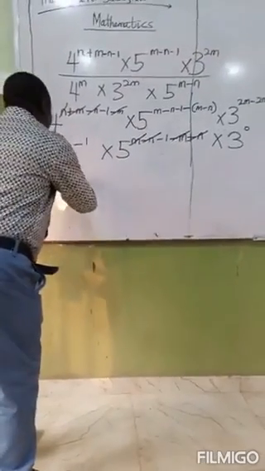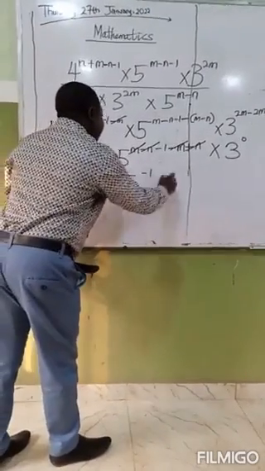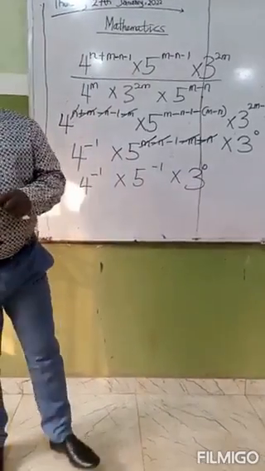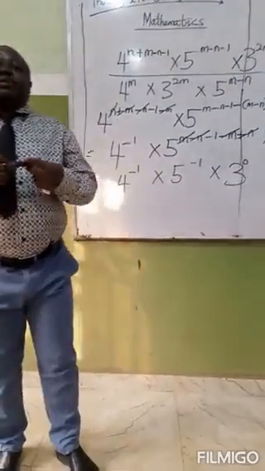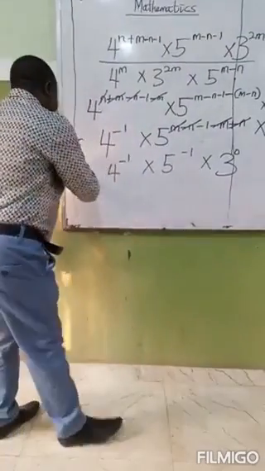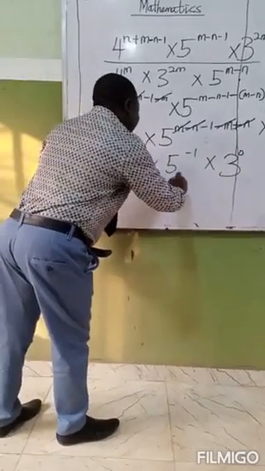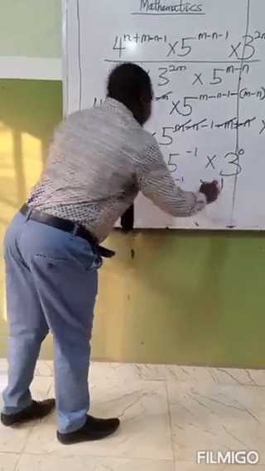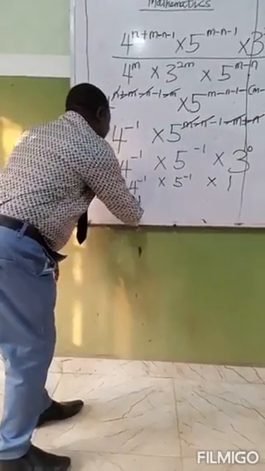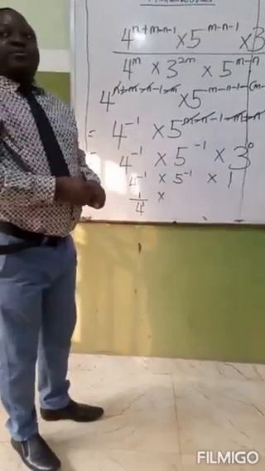And we have 4 raised to power minus 1 times 5 raised to power minus 1 times 3 raised to power 0. According to the laws of indices, any number raised to power of 0 is equal to 1. And this is now equal to 4 raised to power minus 1 times 5 raised to power minus 1 times 1. Then 4 raised to power minus 1 means 1 all over 4 raised to power 1 according to law of indices.